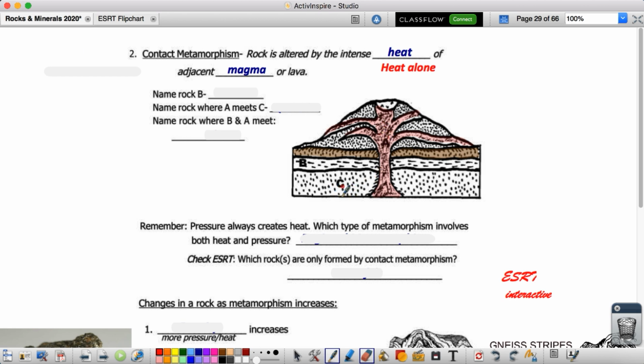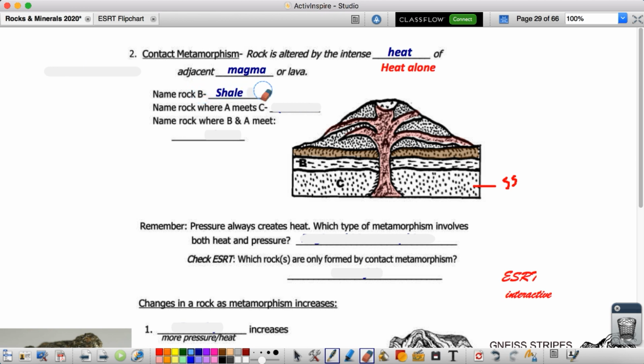Now, if you take a look at the top of page 7, this polka dot design here is supposed to represent the rock known as sandstone. So that would be sandstone. And B, these sideways lateral dashes, that represents the rock known as shale.